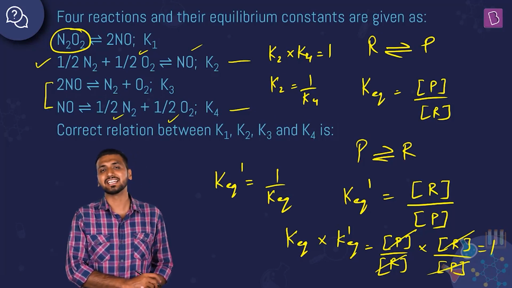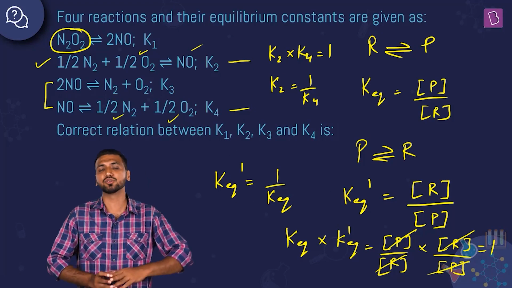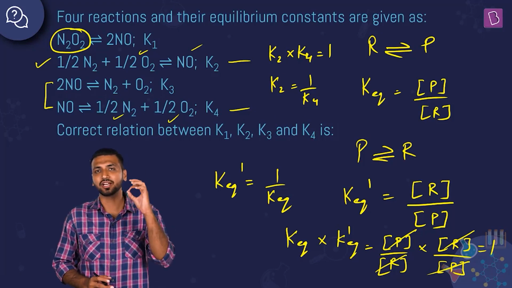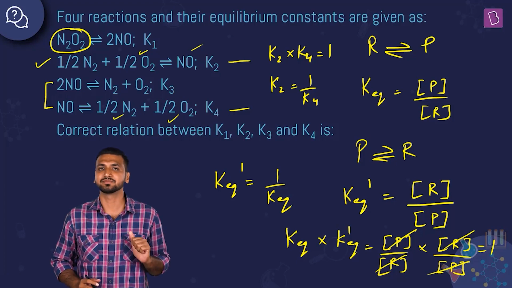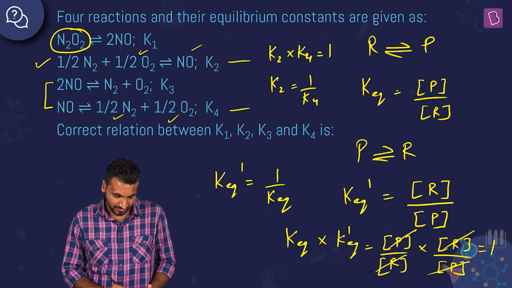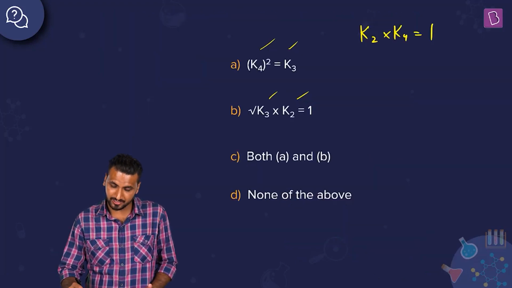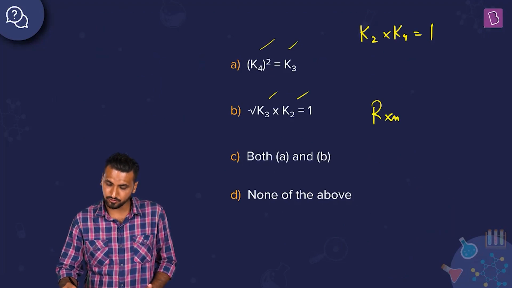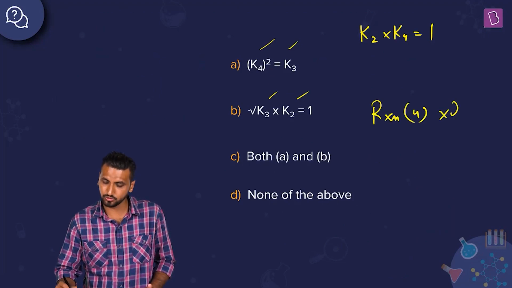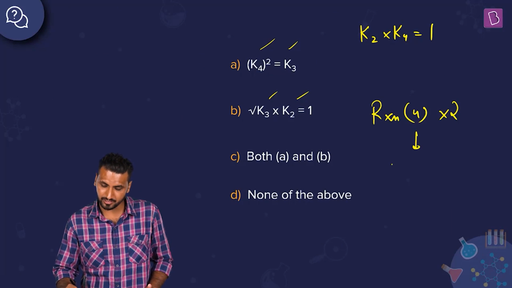What do you see? If you multiply reaction 4 with number 2, you are going to get reaction 3.